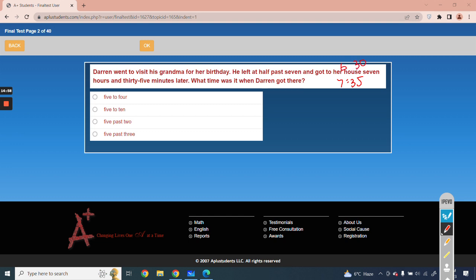That means what time was it that Darren got there? Darren went to visit his grandma for her birthday party. He left at 7:30 and got to her house 7 hours and 35 minutes later. So what time was it when Darren got there?